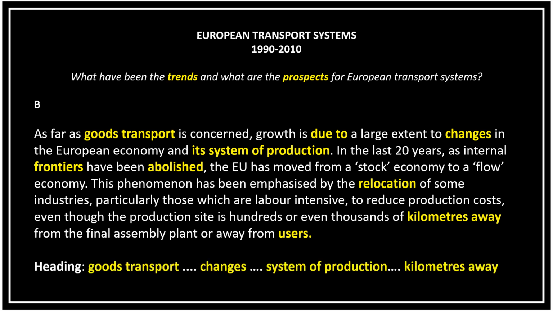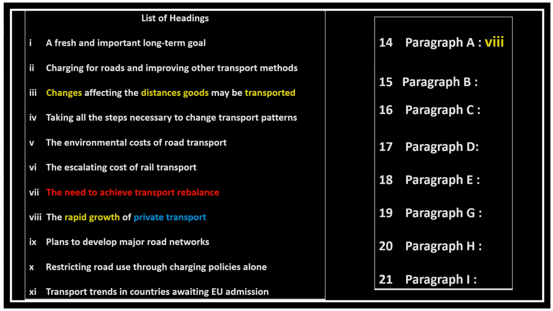So the best option will talk about the changes and the way goods are transported. Option 3 talks about changes affecting the distances goods may be transported. Hence, for paragraph B, the answer is option 3.